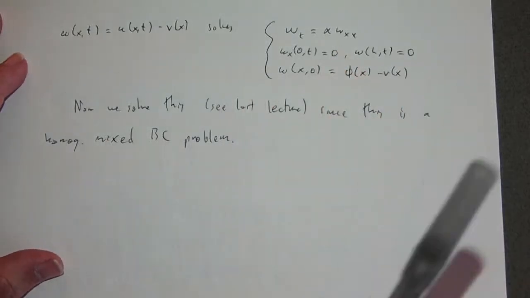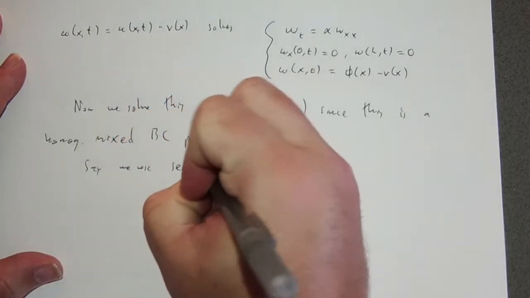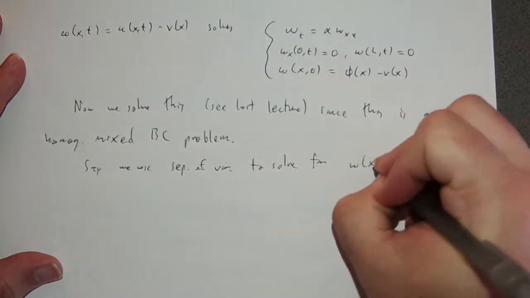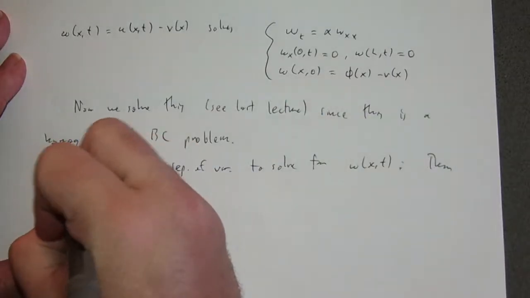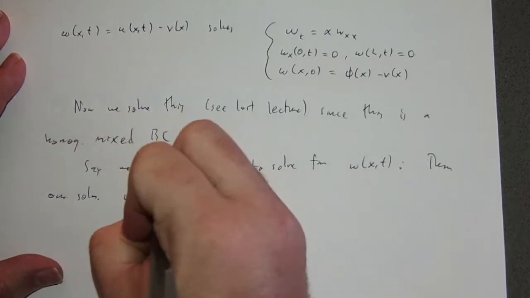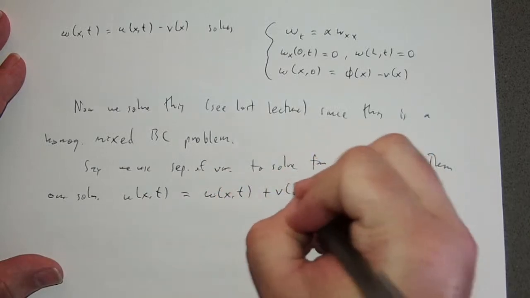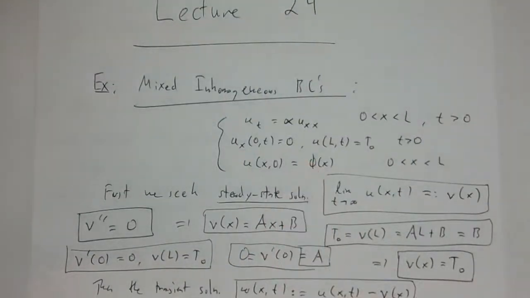Once we have solved for w of x,t using separation of variables, then our solution u of x,t equals w of x,t plus v of x. So we just add the steady state solution to w, the transient solution, and that gives us the solution to the problem that we originally sought. So the solution to this PDE.